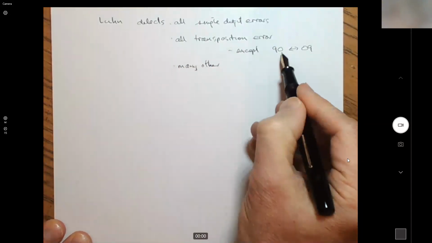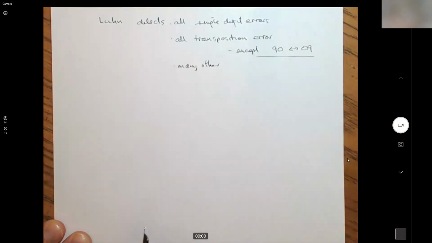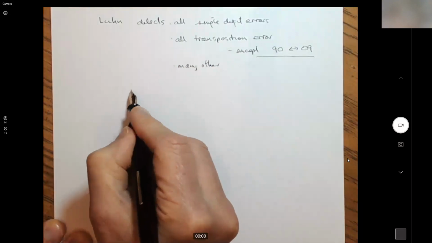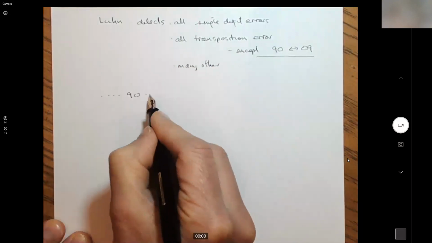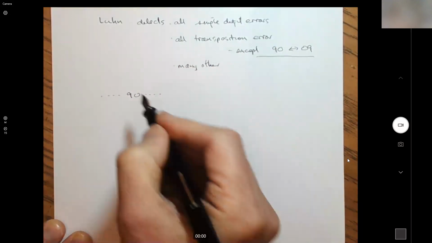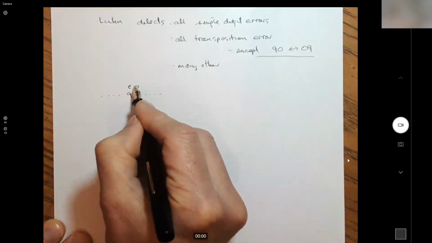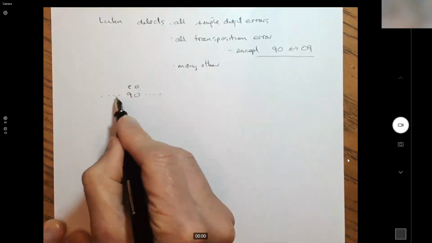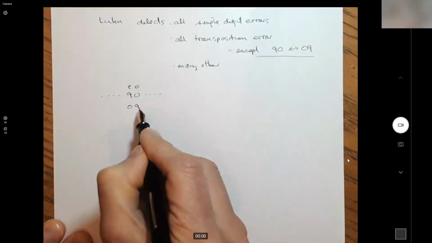So why doesn't it pick up 90 and 09? Let's think about where 90 might occur. So something, something, something, 90, something, something, something in the middle of it. Now let's just pretend this is in the even position and that's in the odd position. And then instead of this number, you accidentally write down 09.